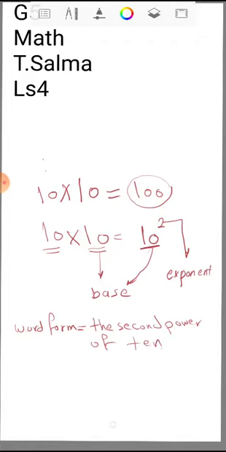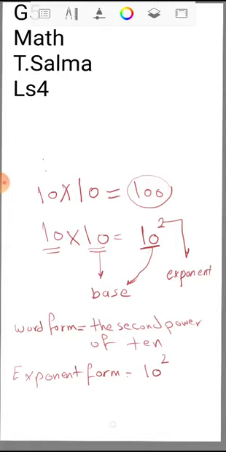And you have here a new form to learn. We name it exponent form, which is 10 power 2, okay? So this is how you will use the powers to find the answer without multiplying the number.